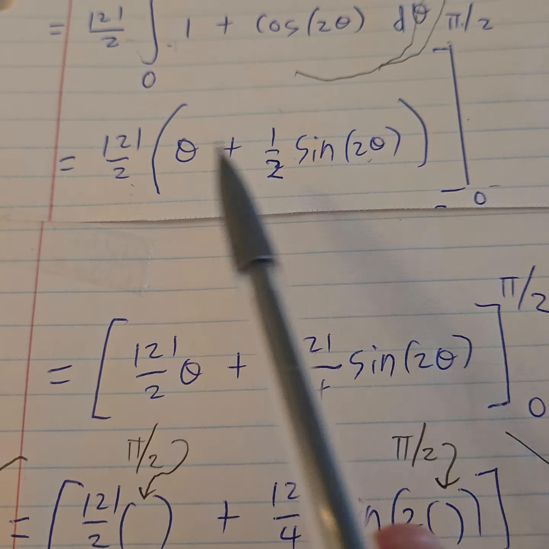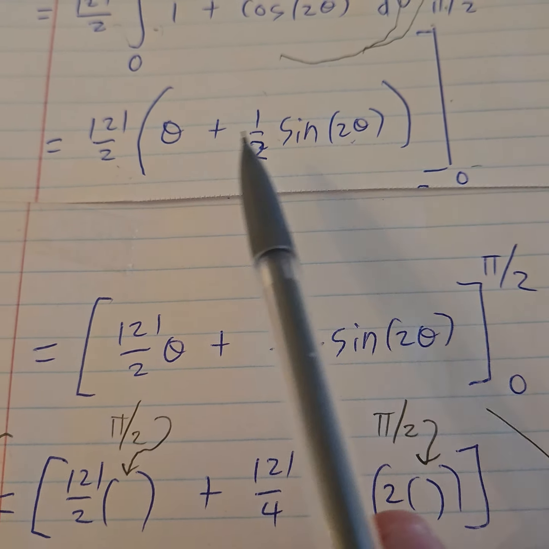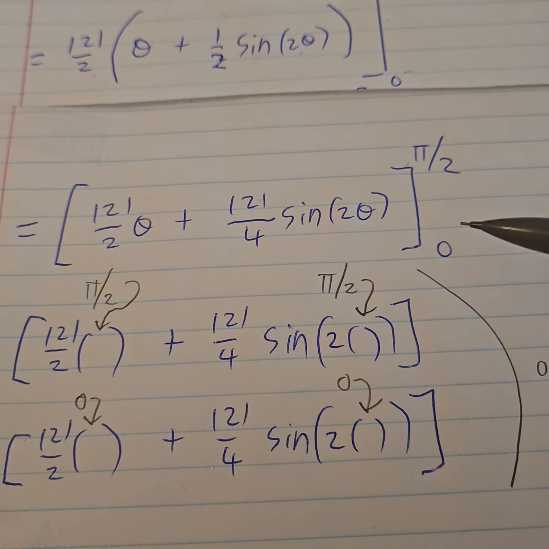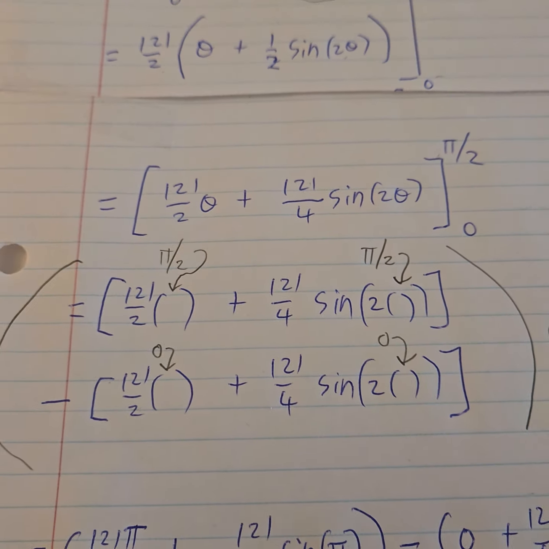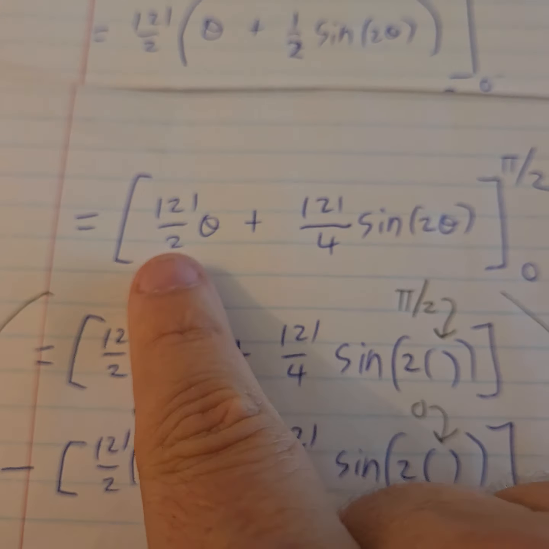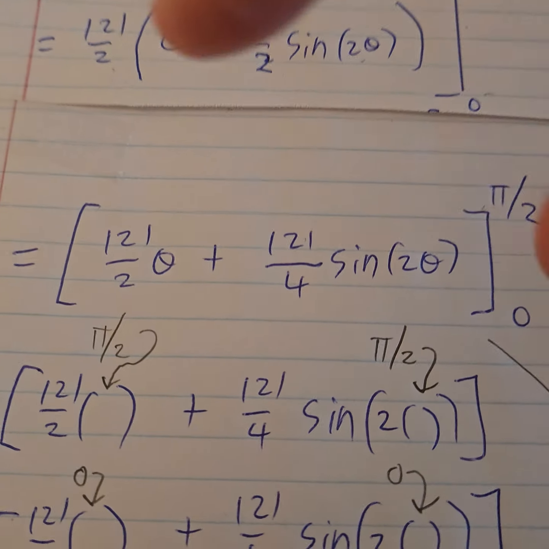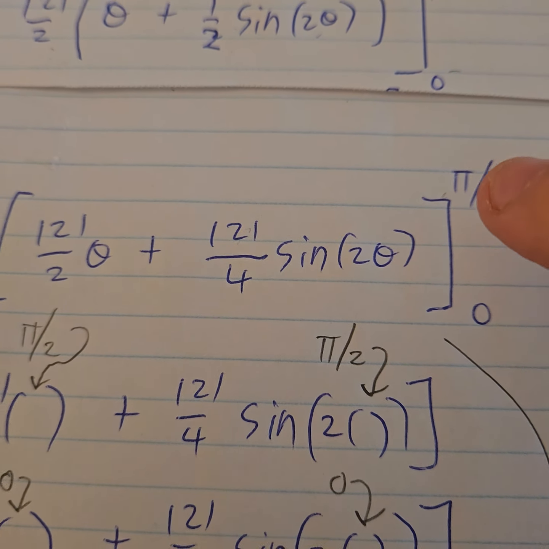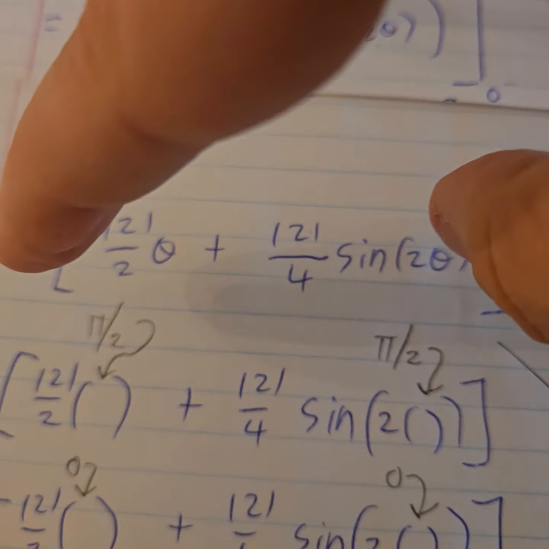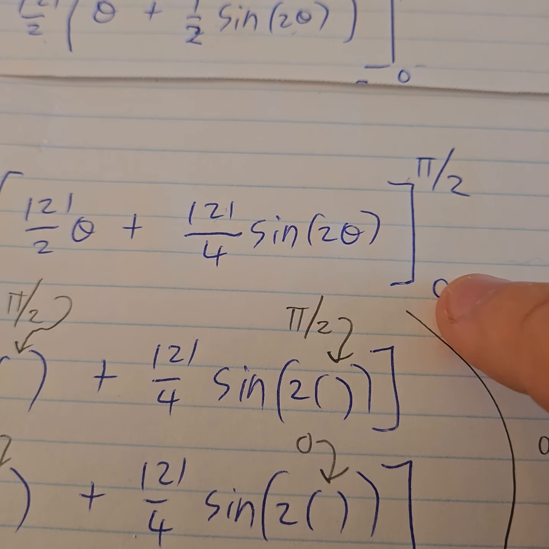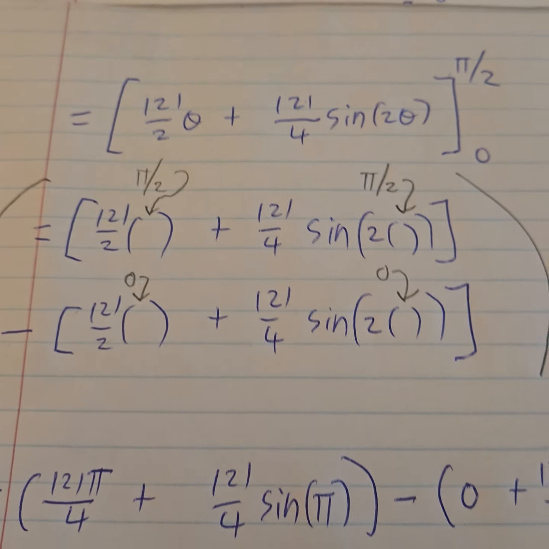And if I multiply it into the other side, it's 121 over 4 sin of 2 theta from 0 to pi over 2. Now again, some people might prefer to keep this 121 over 2 outside. It doesn't matter. Now from 0 to pi over 2, it's this equation twice, plugging the pi over 2 in and plugging the 0 in, and one minus the other.